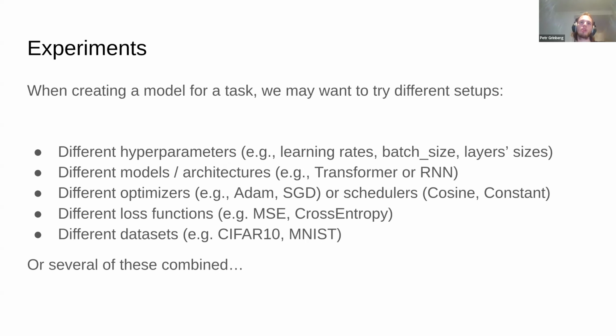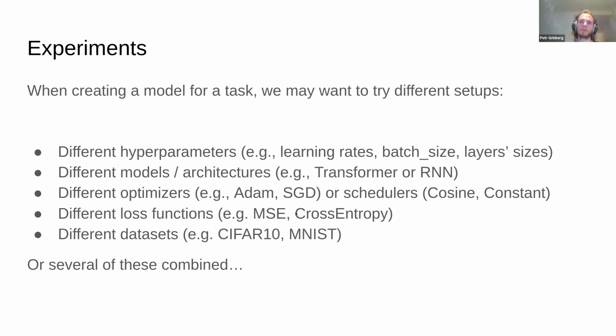We already discussed that we probably want to change the learning rate or the architecture, but what else? So when creating a model for a task, we may want to try different setups, like different hyperparameters, like learning rates, batch sizes, hidden layer sizes, or different architectures, like we are working with time series and maybe want to try RNN or a transformer, or different optimizer like Adam or AdamW, or different scheduler, or different losses, like during the lecture, we discussed MSE, but then we always used cross entropy.